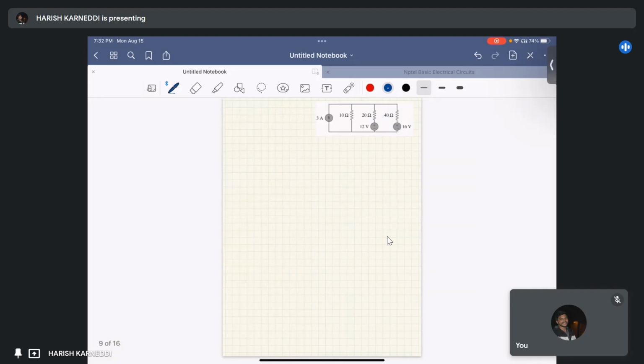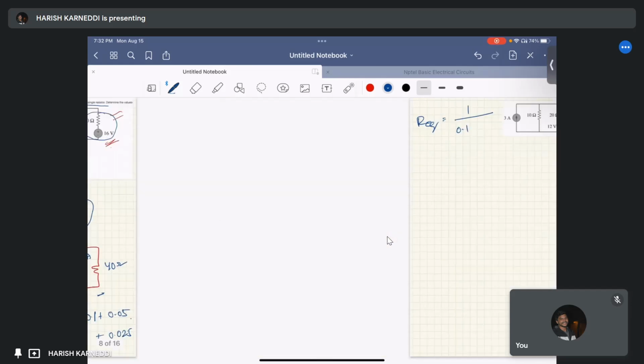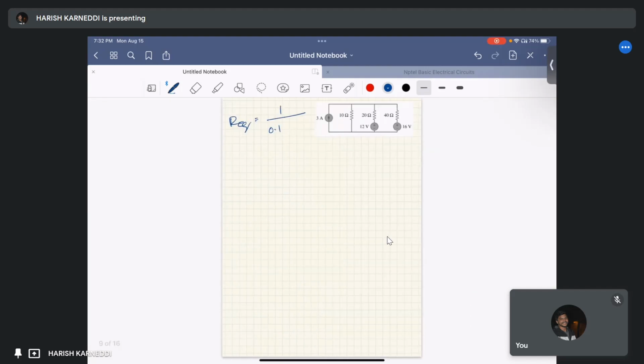Therefore, R equivalent equal to 1 by 0.1 plus 0.05 plus 0.025.